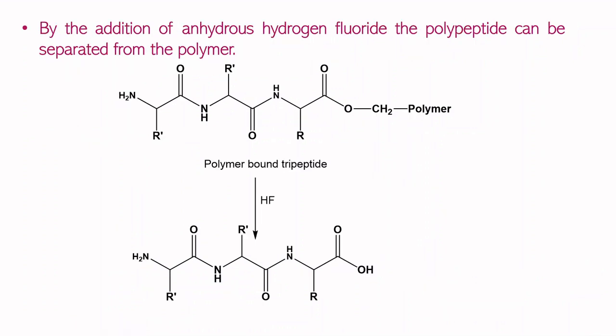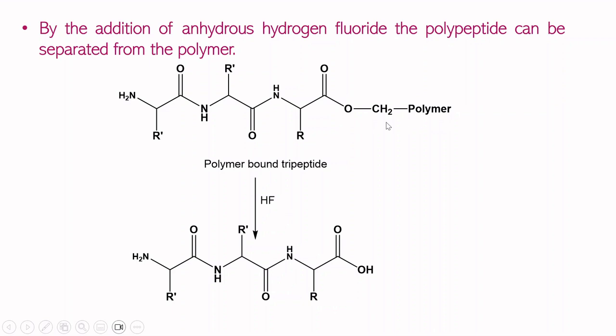Now, after obtaining the desired polypeptide, we have to remove the polymer from the peptide part. That is done by treating the polymer bound peptide with anhydrous hydrogen fluoride.